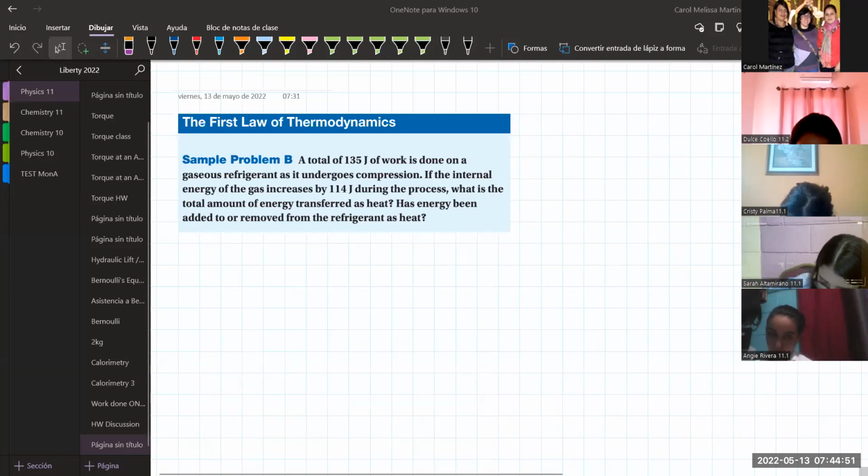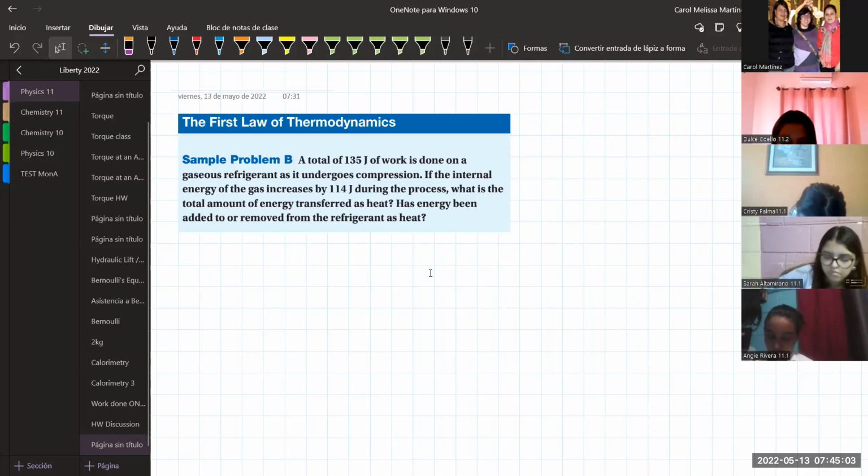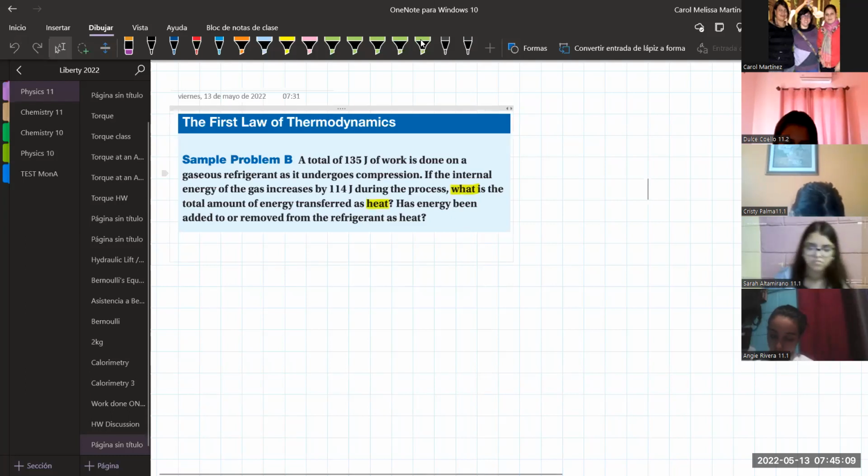So in this case, the problem is asking you, what is the total amount of energy transferred as heat? So in other words, the problem is asking you, what is the heat?